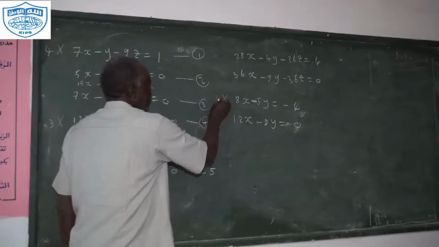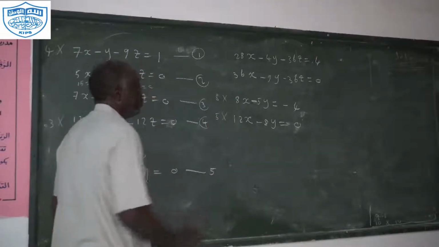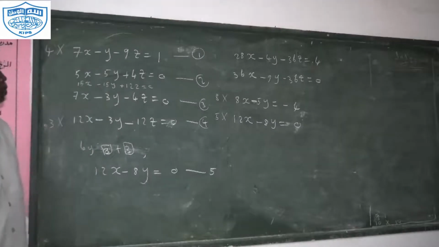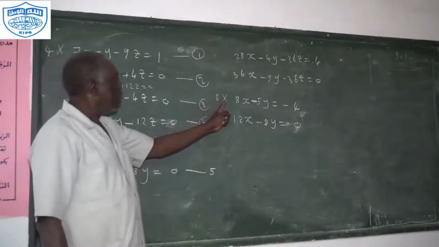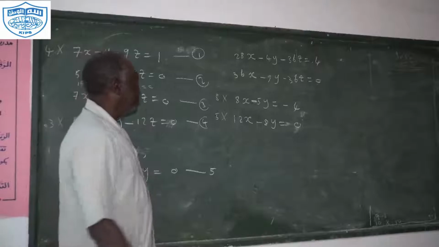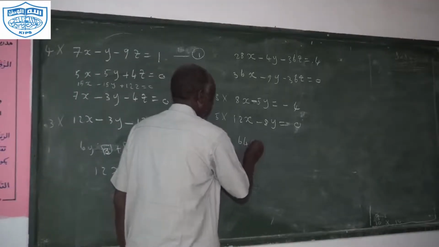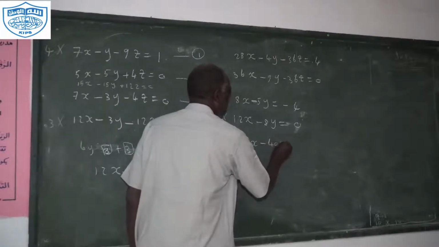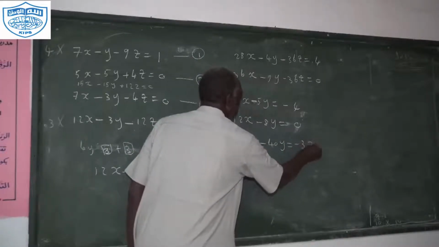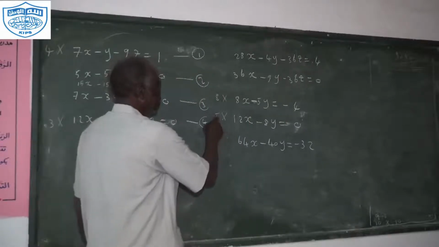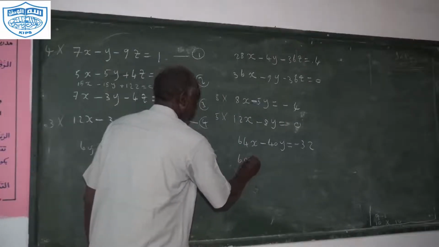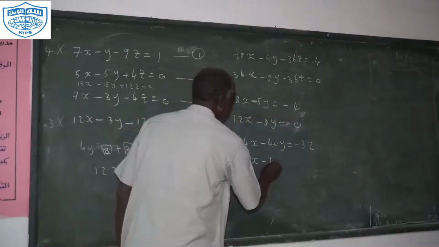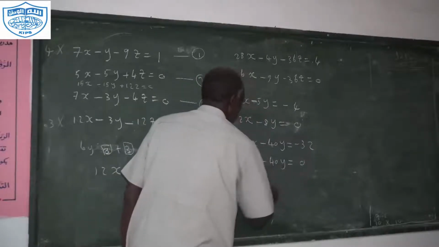Multiply this by 8 and this by 5. 8 times 8x is 64x, minus 40y, equal negative 32. This is 5 times 12 equals 60x minus 40y equals 0.